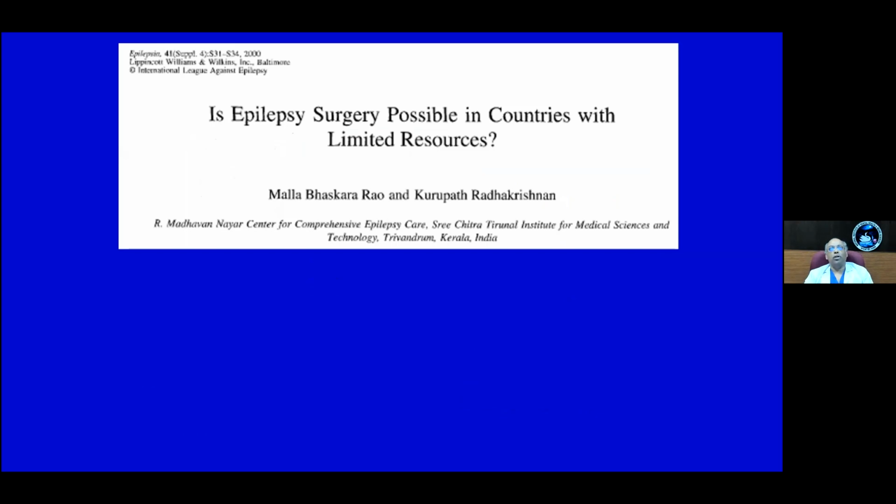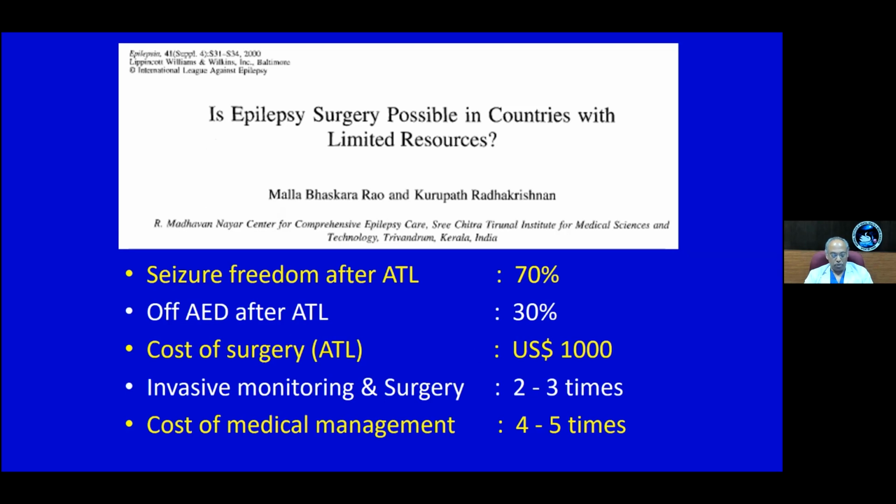I had a historical opportunity to redevelop the epilepsy surgery program in India in early 90s, following the advent of video EEG telemetry as well as magnetic resonance imaging, and developed a model epilepsy program along with my neurologist colleague, Professor Radhakrishnan. The progress since then is quite impressive.